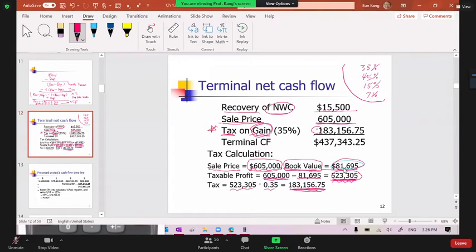So many people think that tax is zero, no loss, no profit, so no tax. Wrong. We have to apply that to other projects' profit. So tax savings will be positive, right? Then what happens if sale price is the same as book value?